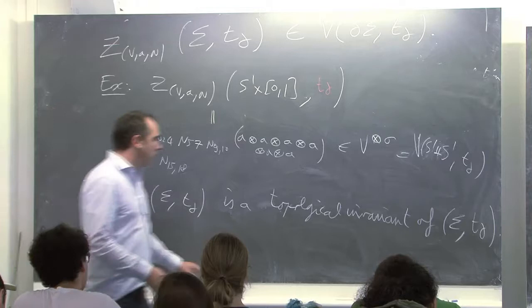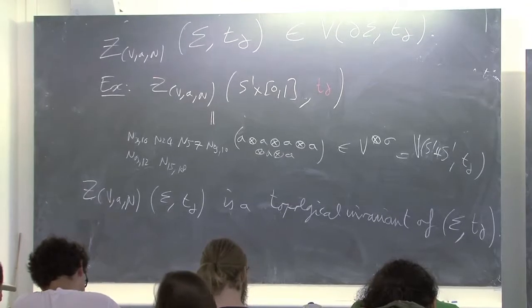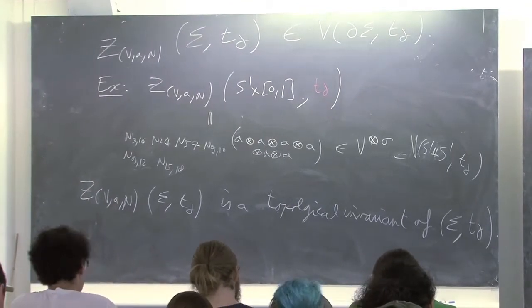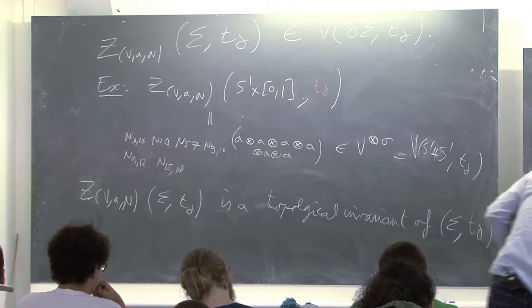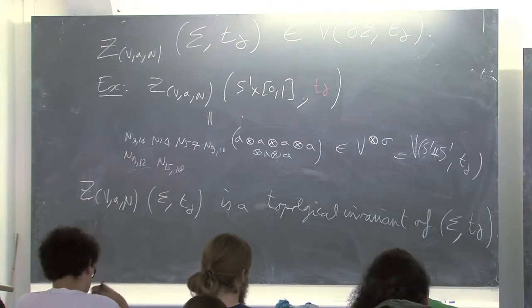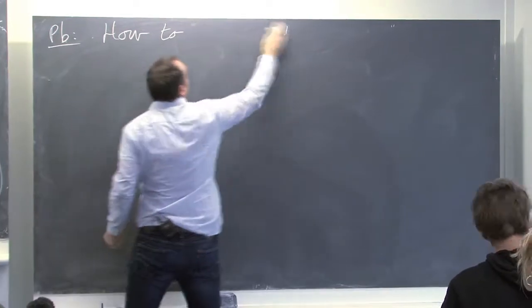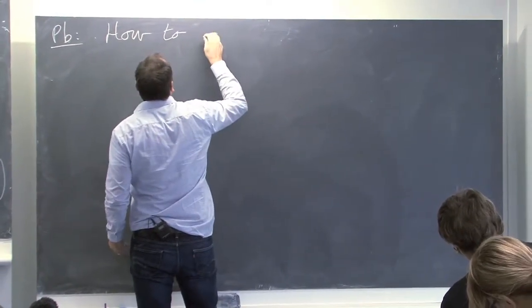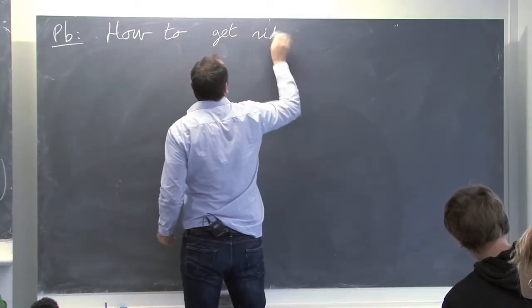So, what do we want now? We would like to get rid of the triangulation of the boundary. So the question is how to... I don't know how to write it.